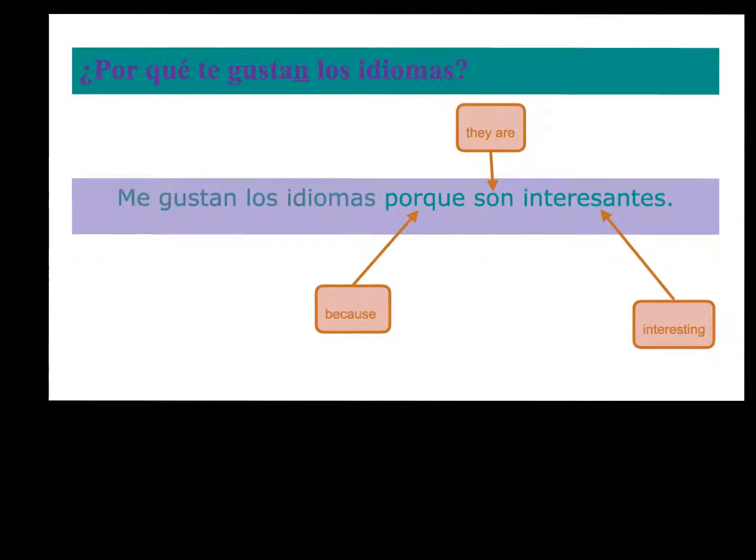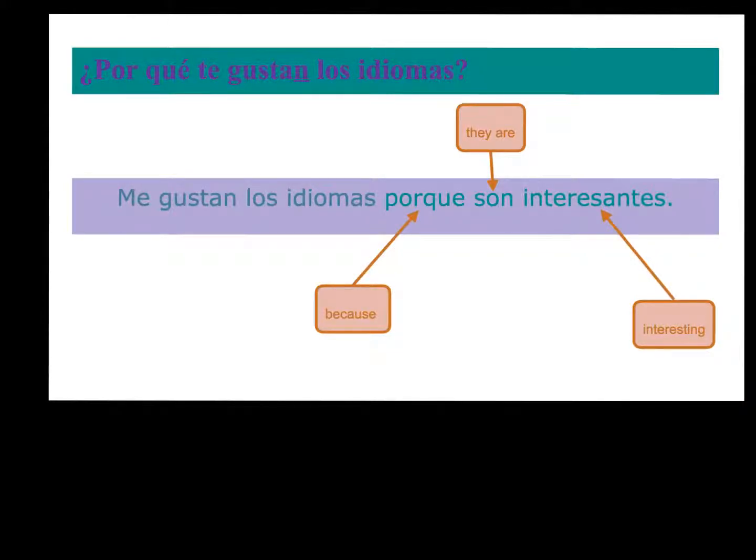When we want to talk about a plural subject, we have to make some changes again to the sentence. In the question, we've still got the question word, why, and as I hope we are becoming more familiar with now, the same question format: ¿por qué te gustan los idiomas? Why are the languages, why are they pleasing, hence the third person plural ending, gustan, to you.